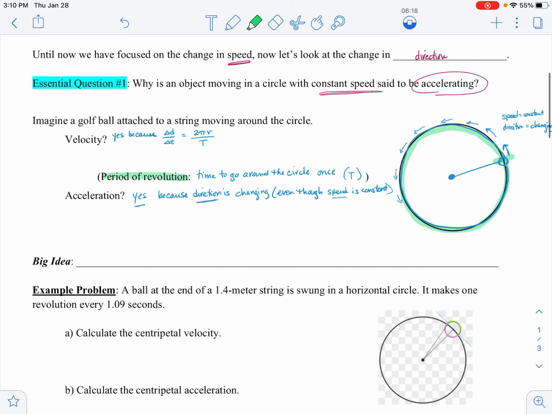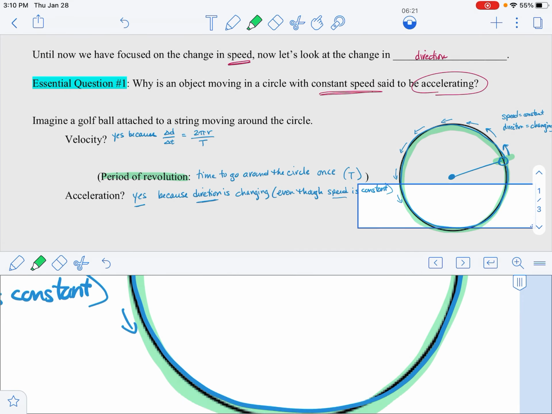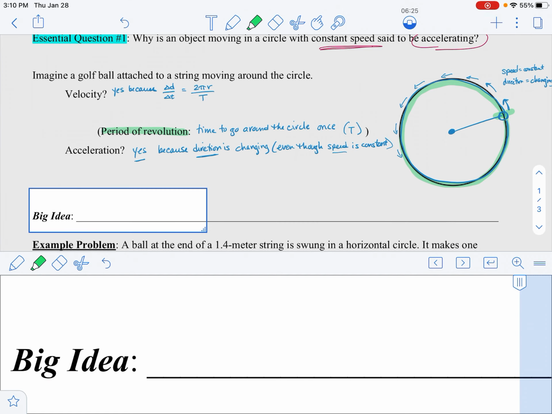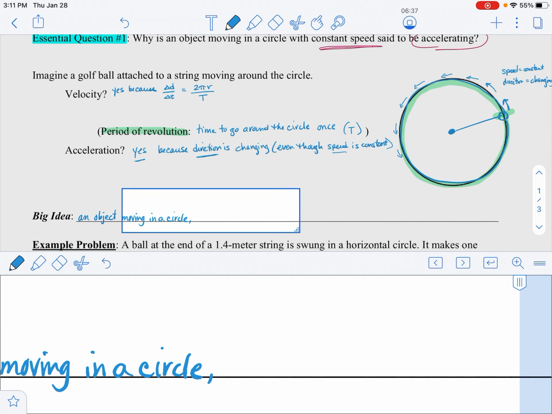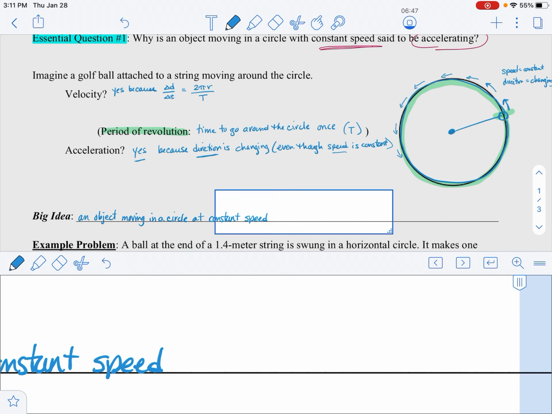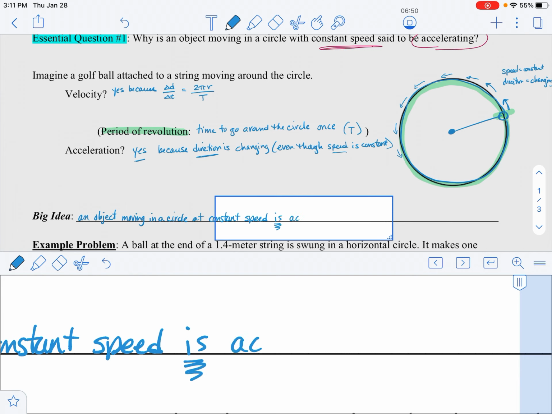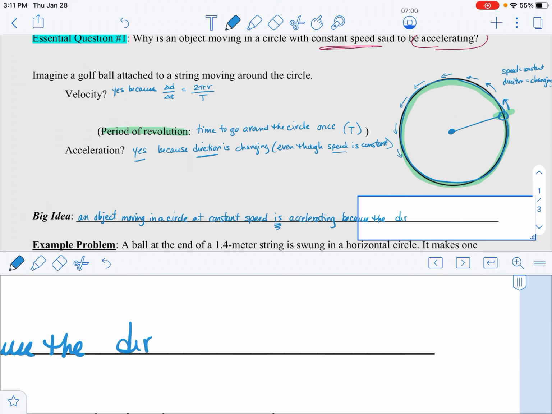Okay? So what's our big idea here? Our big idea: an object moving in a circle at constant speed is accelerating because the direction changes.